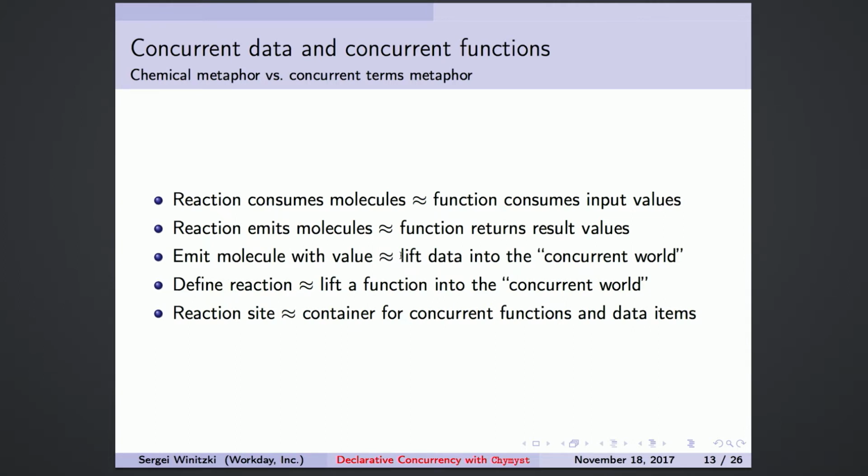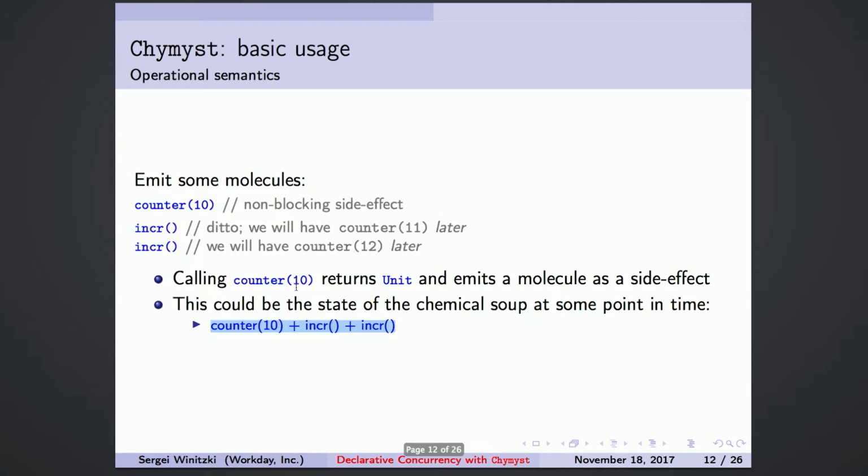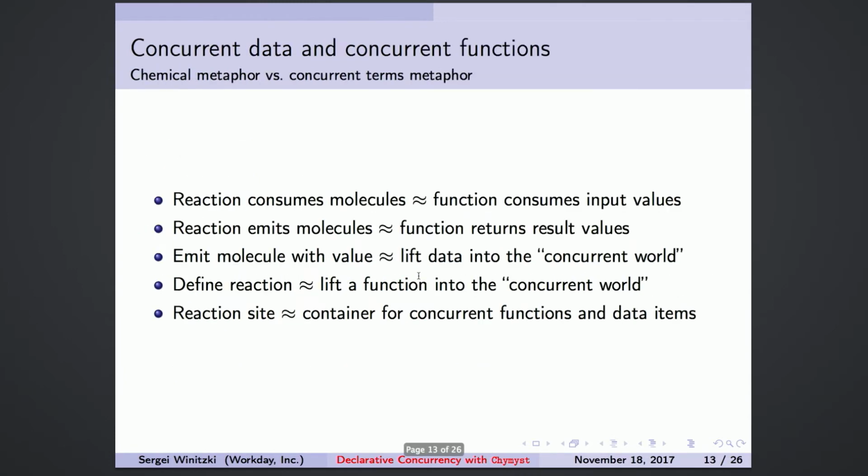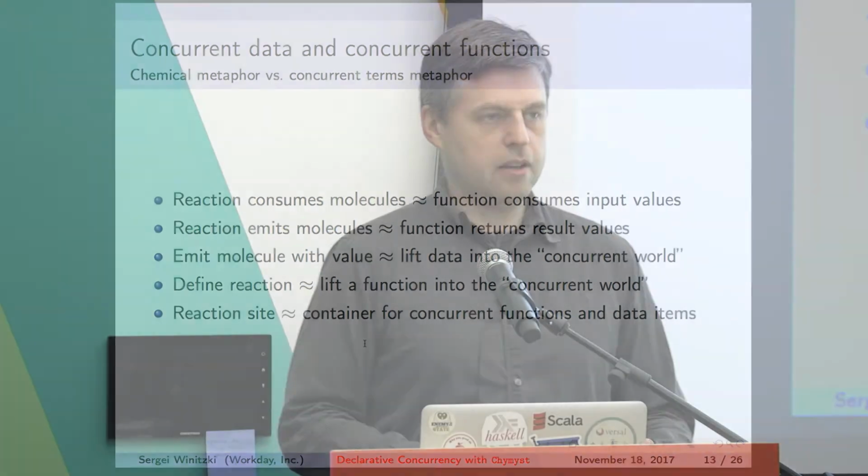Emitting a molecule with a value is like lifting data into this concurrent site or concurrent world, if you wish. And when you define a reaction, like you did here, that means you're lifting this function into the concurrent world. And so this is how these metaphors are actually the same thing. I prefer to think about it in the chemical terms, but you can also, if you want, think about just concurrent functions and concurrent data.